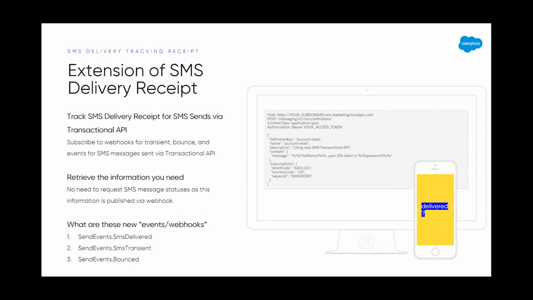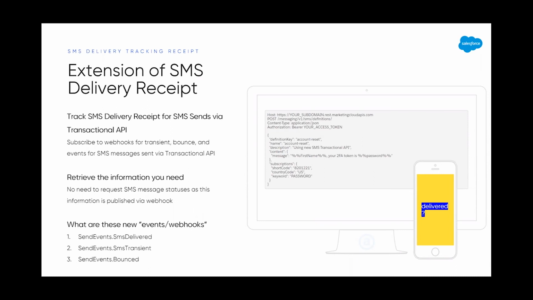This means that the reflection of delivery information is more timely as it does not need to rely on any scheduled automation jobs. It will thus ensure that time-critical transactional sends have their delivery information updated faster. The bullet items on the bottom left of this screen list the new webhooks that were released.